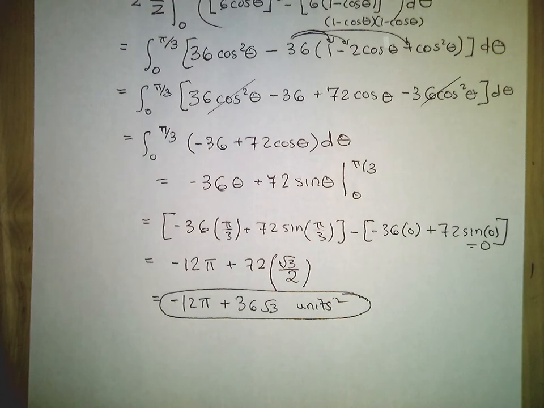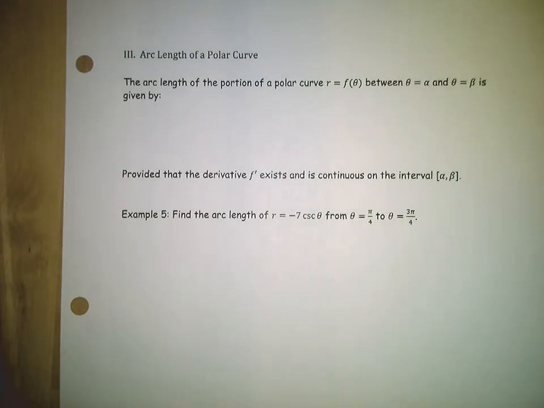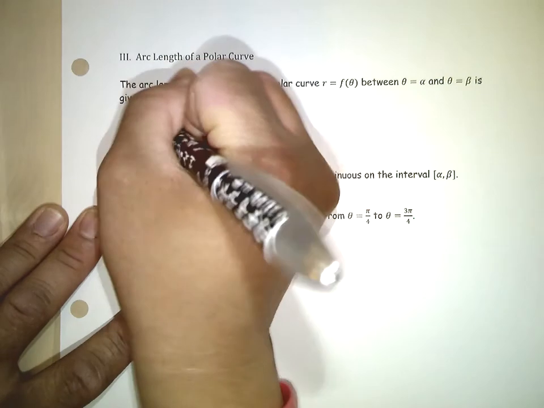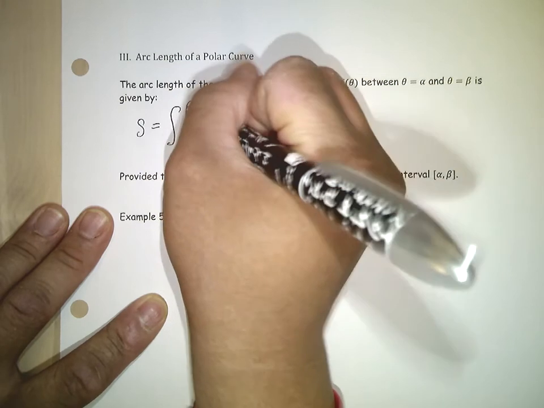All right, so now one last topic here, and it's arc length in polar coordinates. So the arc length of the portion of a polar curve r equals f of theta between theta equals alpha and theta equals beta is given by s equals the integral from alpha to beta ds.